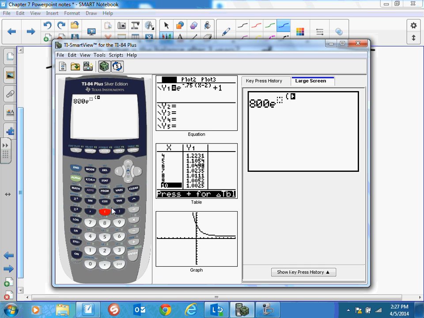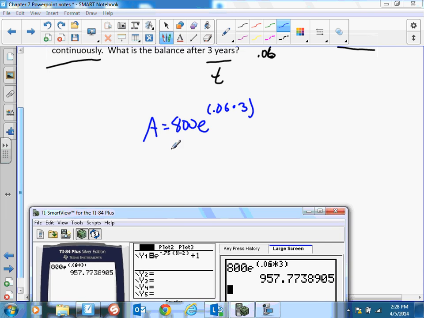Again, we want those parentheses. Oops, I did something wrong. Let's hit delete, delete. Okay, let's go parentheses. And it was 6%, so 0.06 times how many years? 3. Okay, so you can put it in pretty much just exactly how it looks. Hit enter, and we get our answer. We get $957 and about 77 cents. So that'll be our answer when we solve that.